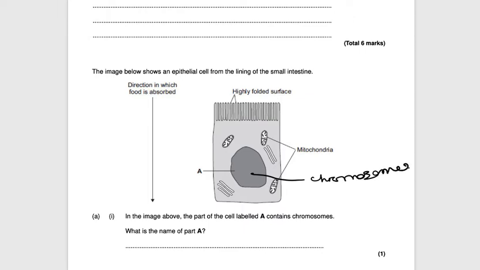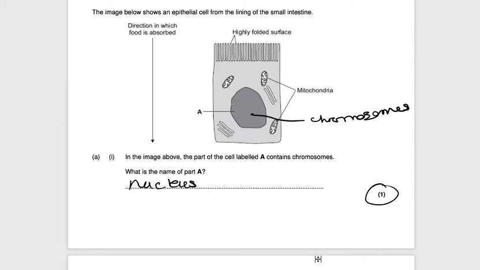Now chromosomes are in body cells, and they are specifically in an organelle, and that is called the nucleus. The nucleus contains those chromosomes, which contain the genes for your characteristics. Okay, that's worth another mark.